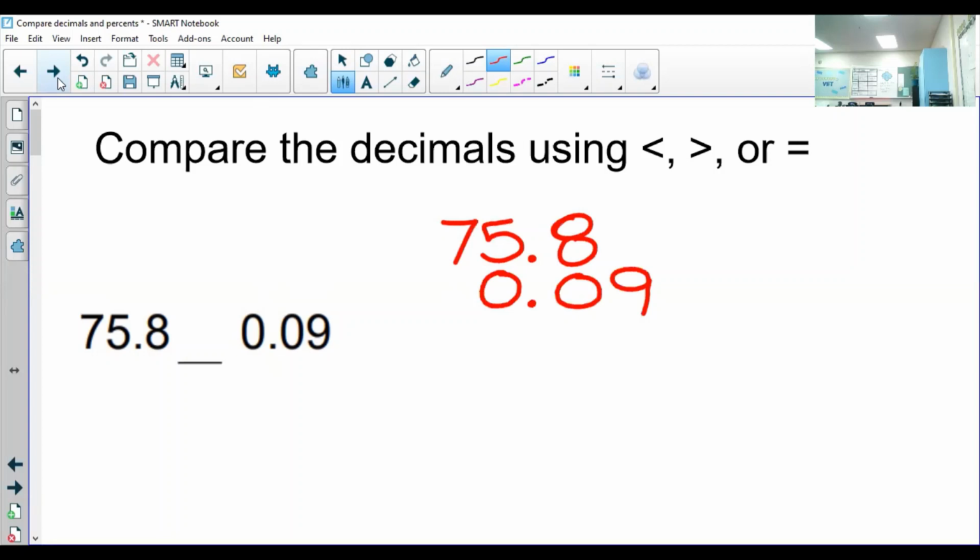And what we do is we look at the place values. We want to see in each place value which number is bigger. Here in the tens place, we have a 7 and nothing. So what's bigger, a 7 or nothing? A 7. So we know that 75 and 8/10 is going to be bigger.